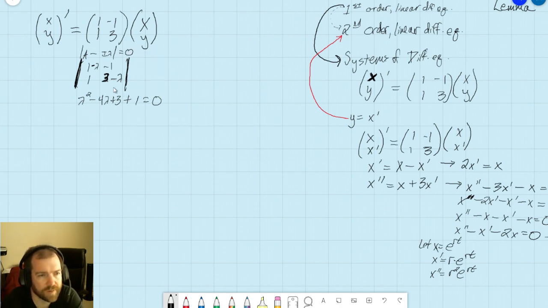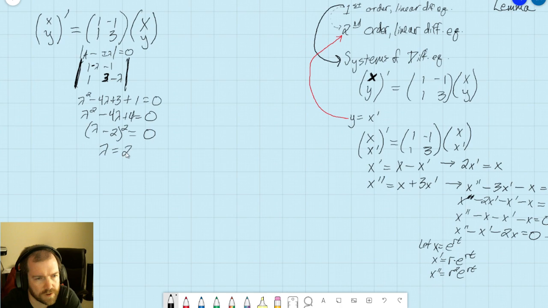This one's working fine, because here we're going to get lambda squared minus 4 lambda plus 4, which is lambda minus 2 squared. Lambda equals 2 with multiplicity 2.